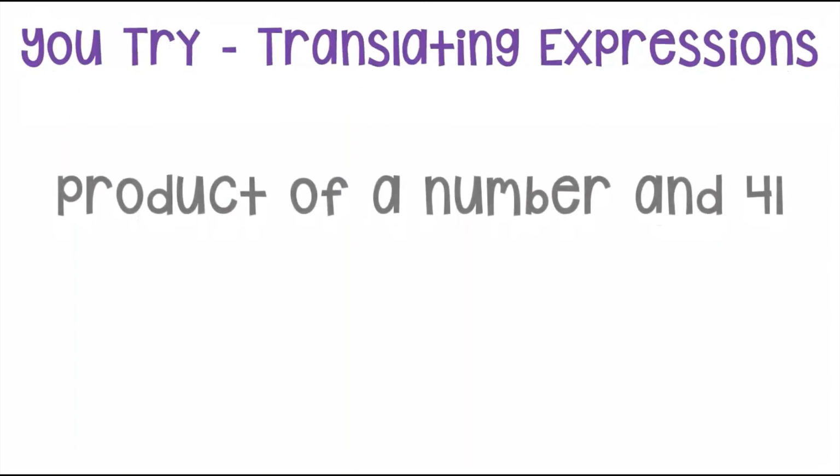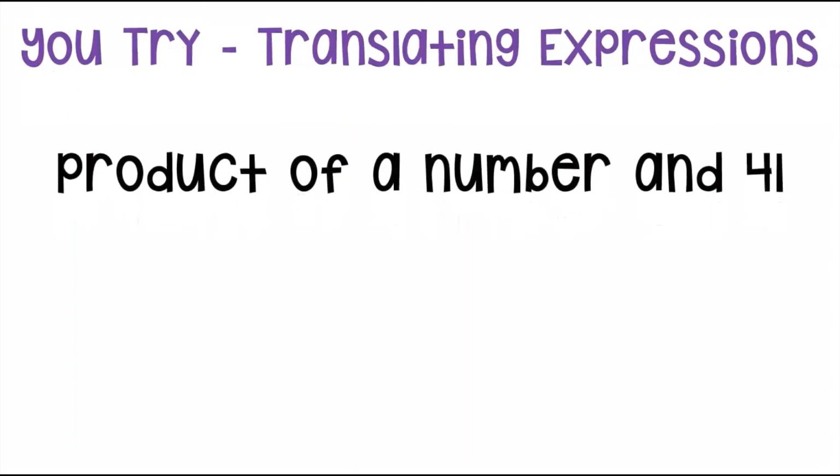Here's another one. The product of a number and 41. Product is our keyword. It means that we are going to multiply. And this is a perfect example of where we won't necessarily go in order, because the product of a number and 41 will be written with the 41 as the coefficient first, and then the number. I've chosen the letter K here to represent the number we don't know. You could have used any letter to represent that number.